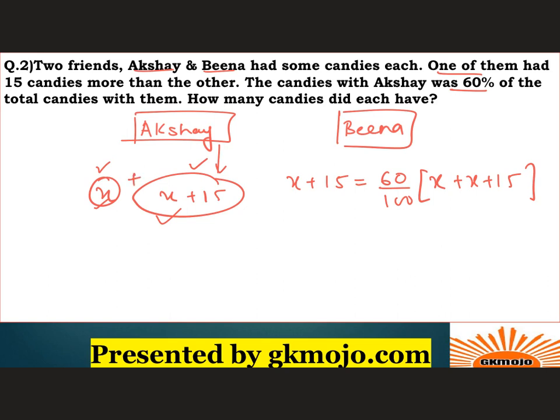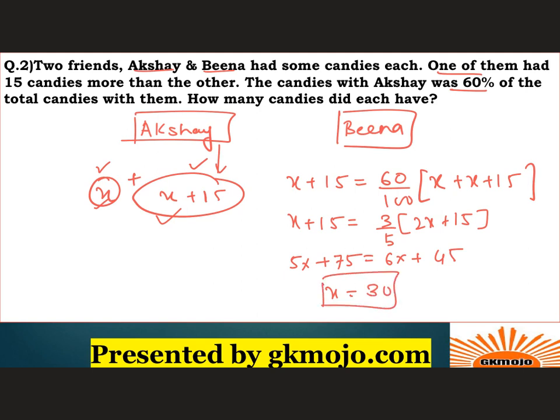Now we solve this: x plus 15 is equal to 3 by 5 into 2x plus 15. So this becomes 5x plus 75 equals 6x plus 45, so x becomes 75 minus 45, which comes out to be 30. So the value of x is 30. Akshay has x plus 15, that is 45 candies, and Beena has 30 candies. The correct answer to this question is 45, 30.